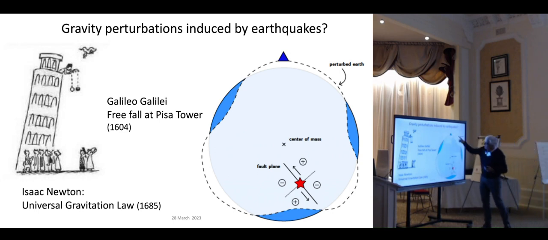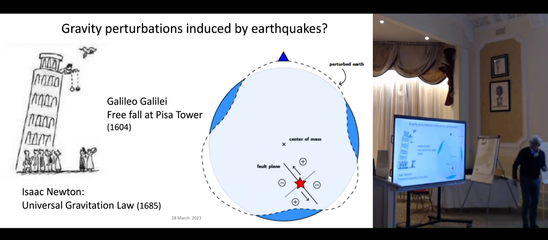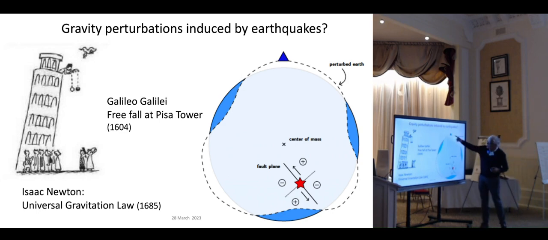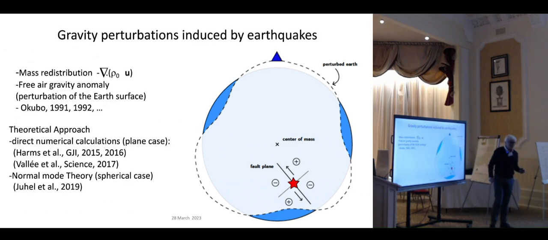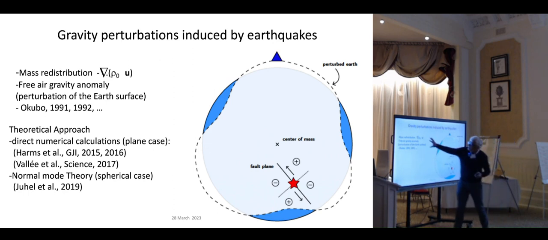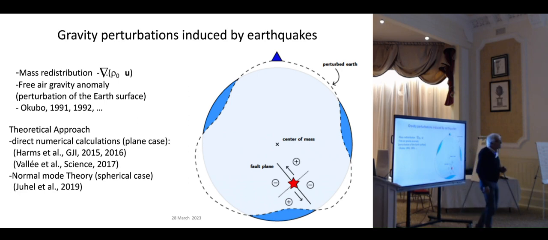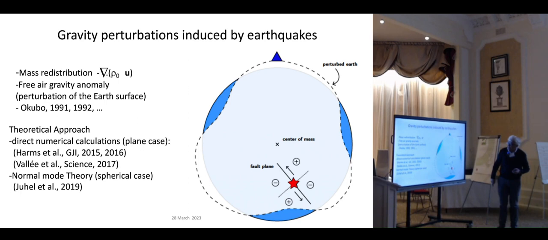But you have also some other effects. You have also perturbation of the free surface, which can also affect the signal recorded very far. Okay, so basically we have this mass redistribution, and we have also some free air gravity anomaly, which was investigated many years ago by people in Japan and other places.